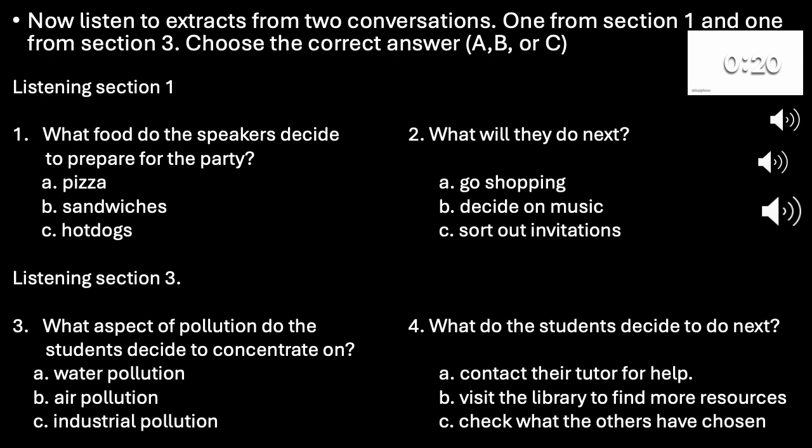Sandwiches then. That's easy enough. Sandwiches? That's a good idea. Hang on. That would be even more preparation than the barbecue. Better go back to the original idea, I suppose. Pizzas it is, then. Now, we also need to think about music and invitations. Well, we don't need to buy invitations.